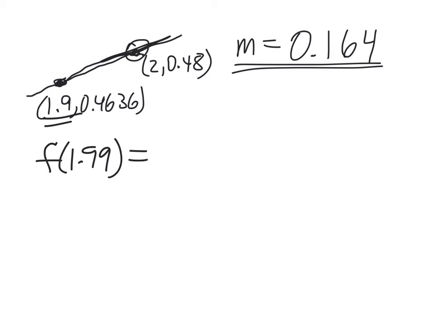Function value, that was the 0.04 times the quantity 8x minus x squared. What do we get with 1.99? I bet it's going to be pretty close to that, but a little bit under that one.